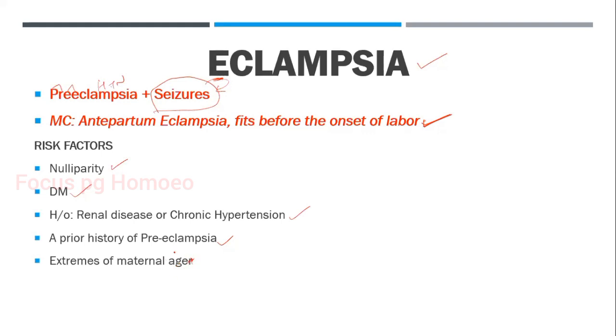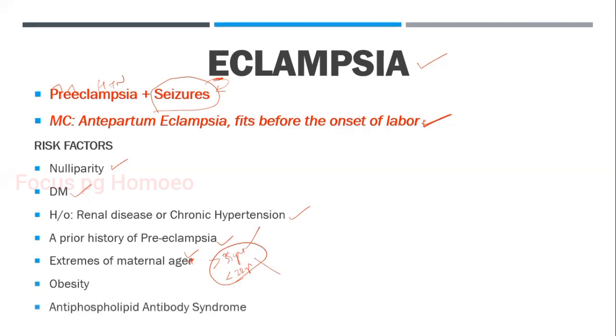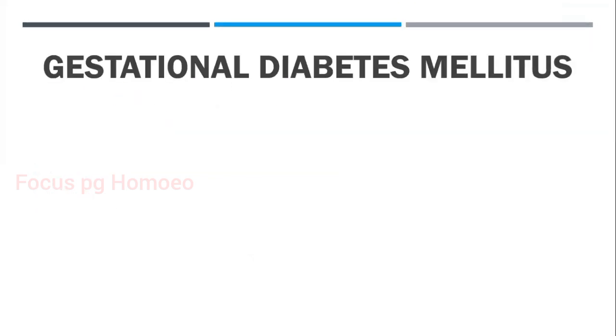Extremes of maternal age, especially more than 35 years and less than 20 to 21 years. That means high age and low age, both are a risk factor, and obesity is one of the risk factors. Antiphospholipid antibody syndrome. So these are the risk factors for eclampsia. So these are the important points when it comes to eclampsia.